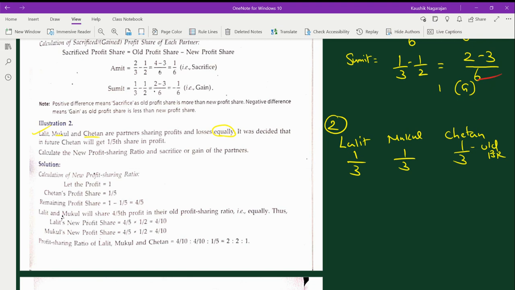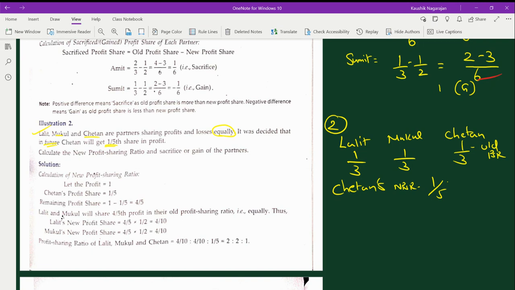It is given in the question that it was decided, with effect from the future, that the future profit sharing ratio of Chetan will be 1/5 share. So in future Chetan will get 1/5 share in profit. Only one partner's information is available with respect to NPSR: Chetan's NPSR is going to be 1 by 5.